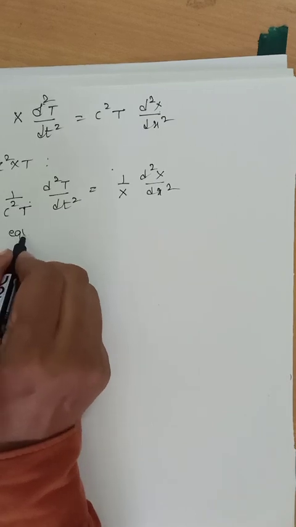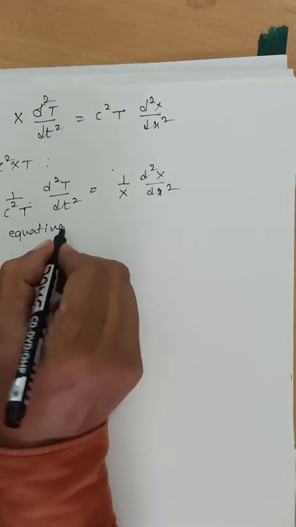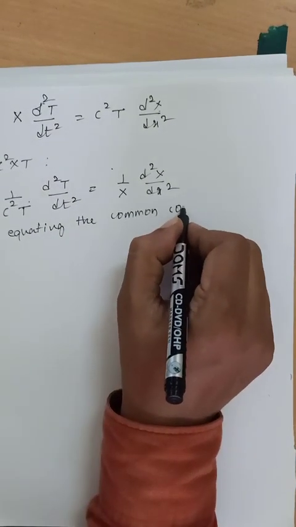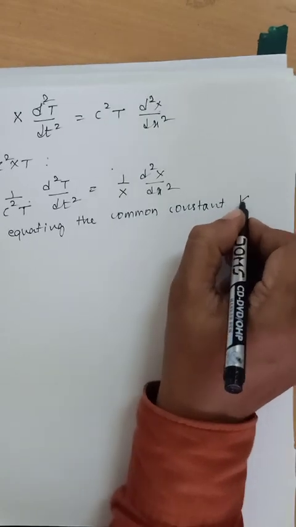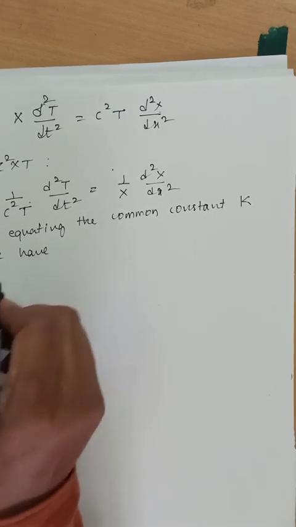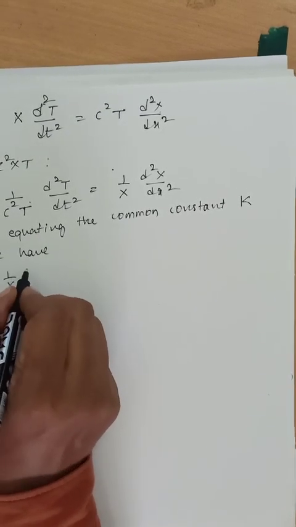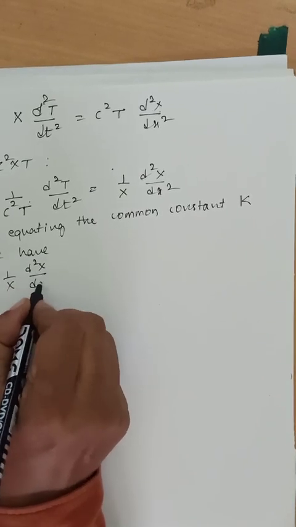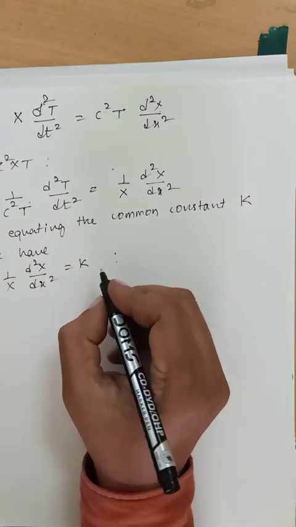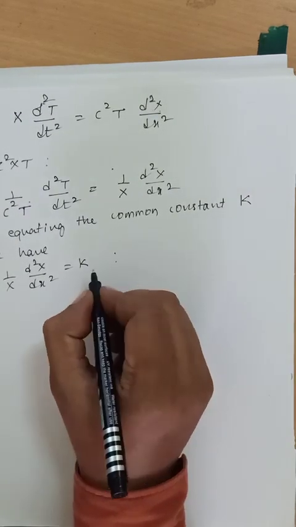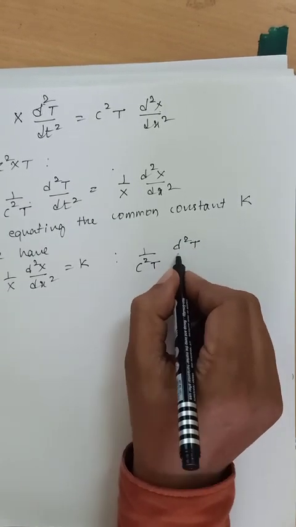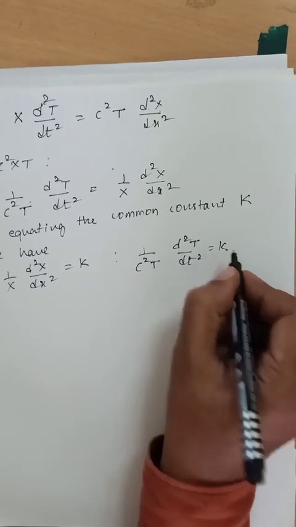And the very next step is equating to the common constant k. We have 1 by X d square X by dx square equal to k. See how we separate x and t. And 1 by c square T d square T by dt square is equal to k.